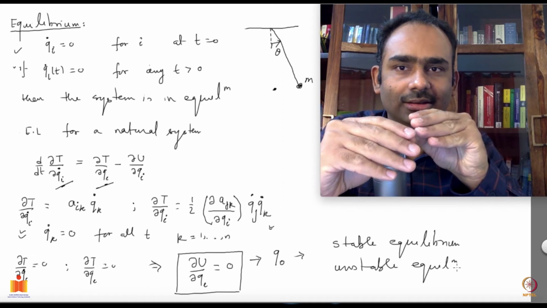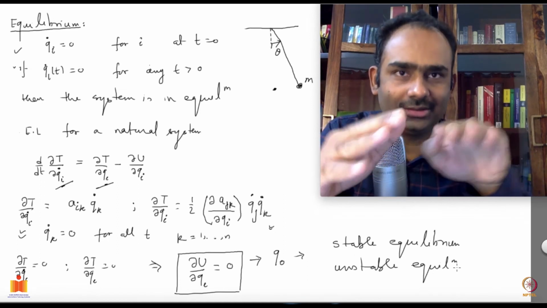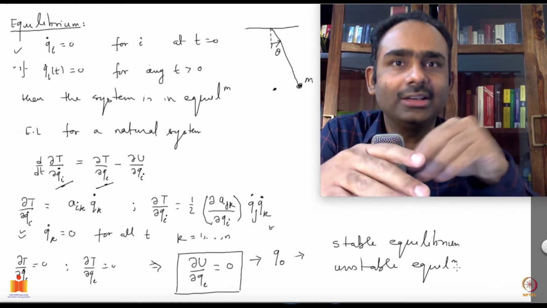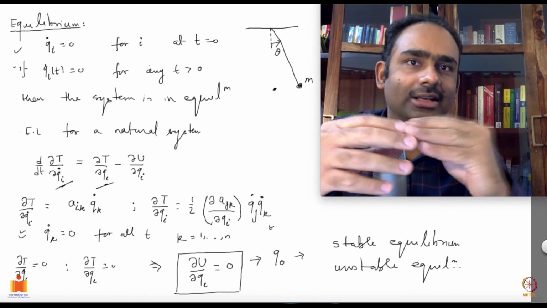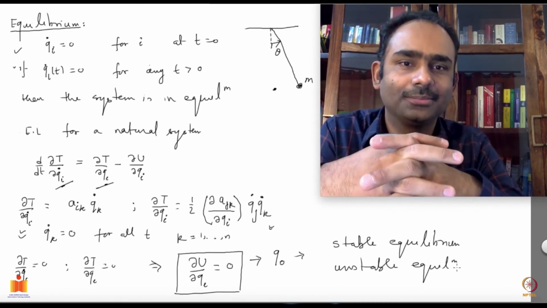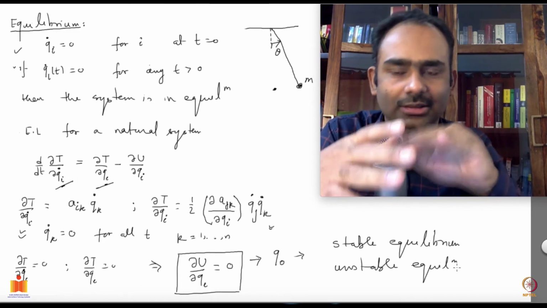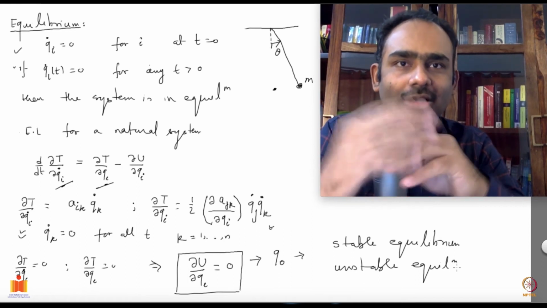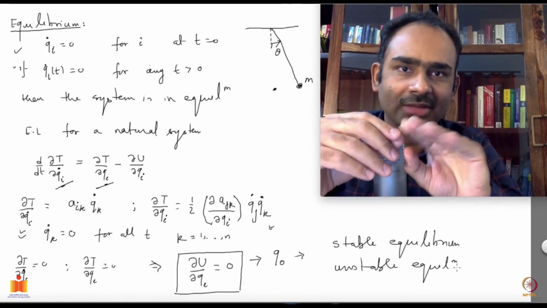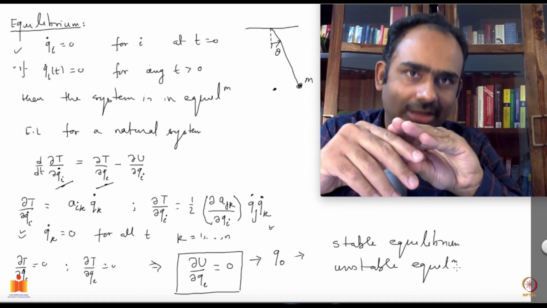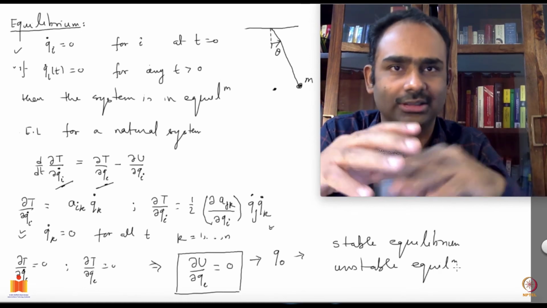One is that the system moves away a bit, but it tries to come back, so it remains in the vicinity of that point q naught. It doesn't go away from there. If that is the case, your equilibrium configuration is a stable configuration. But it may also happen that even though you can place the system there at rest, if you give a small infinitesimal nudge which takes it away from that point, the system does not come back. It goes further away, it doesn't want to return there.